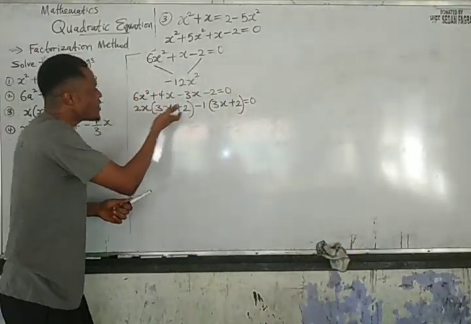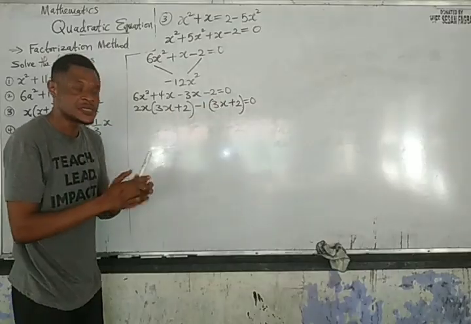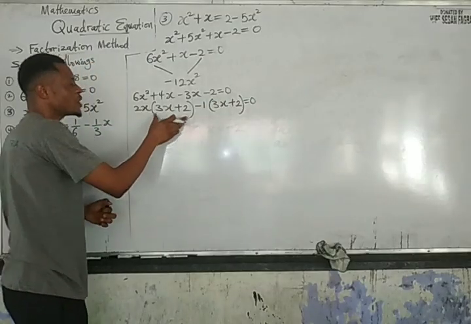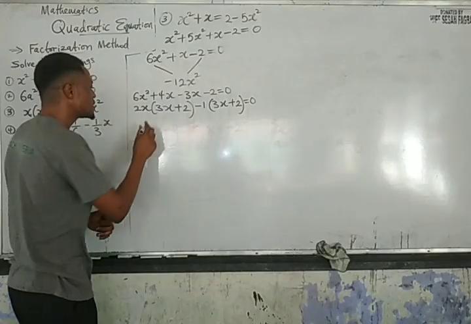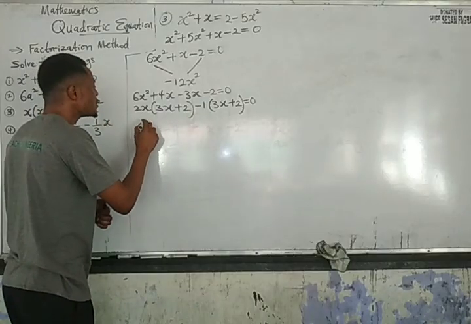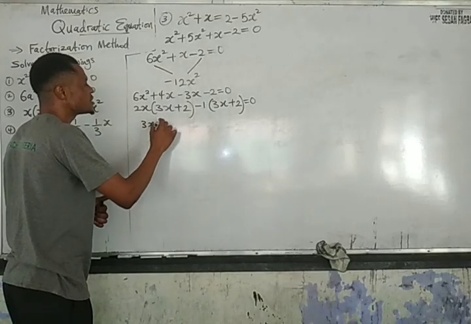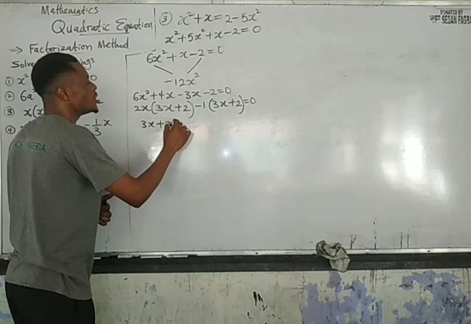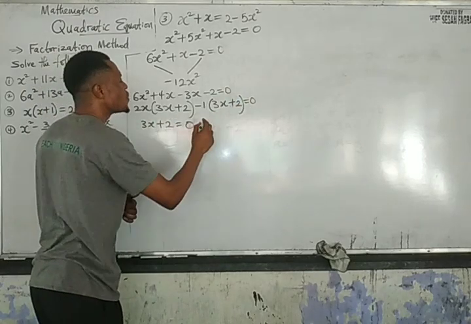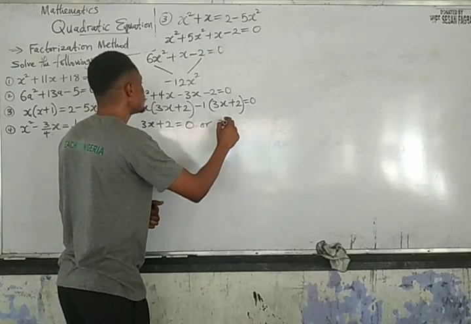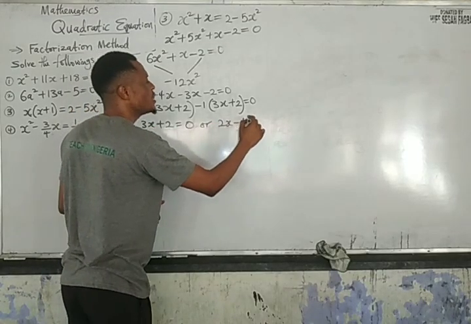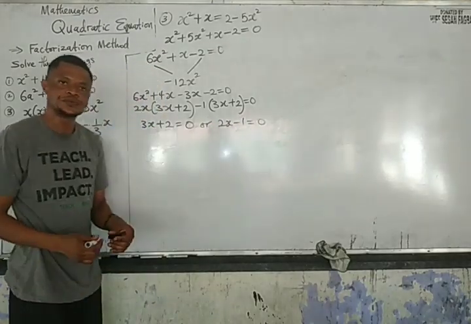Looking at this, we have our value in the bracket to be the same. So without wasting time, I'll pick on this, I group it as 1. I pick on this, I group it as 1. So anyone can come first. I can say my 3x plus 2 is equal to 0, or the one that are outside, which is 2x minus 1 equal to 0.